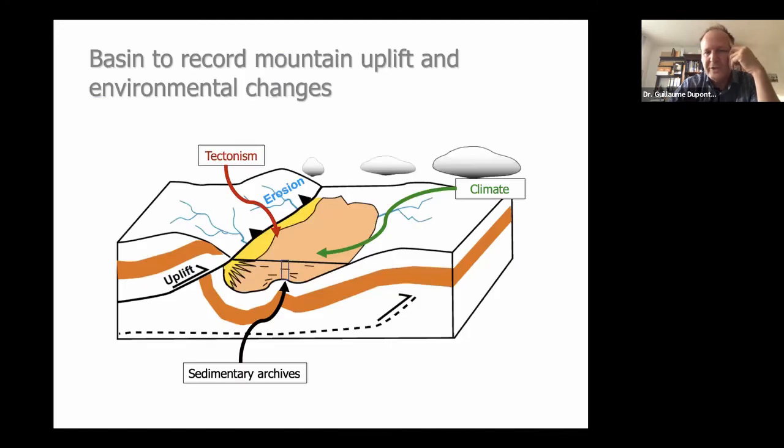So the way to do this is actually to look at basins, so sedimentary records, and mountain ranges, and both of them will record tectonic and climate changes in their archives. I'm now introducing a little bit of what we will be discussing in the rest of the class, in the following classes in geology.